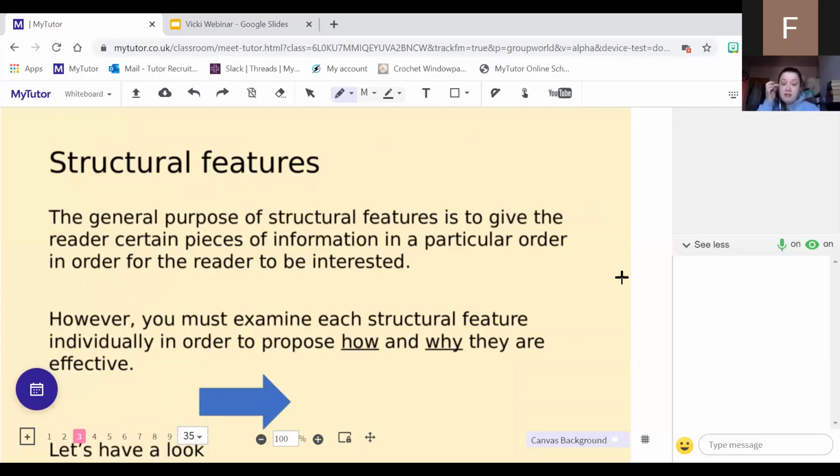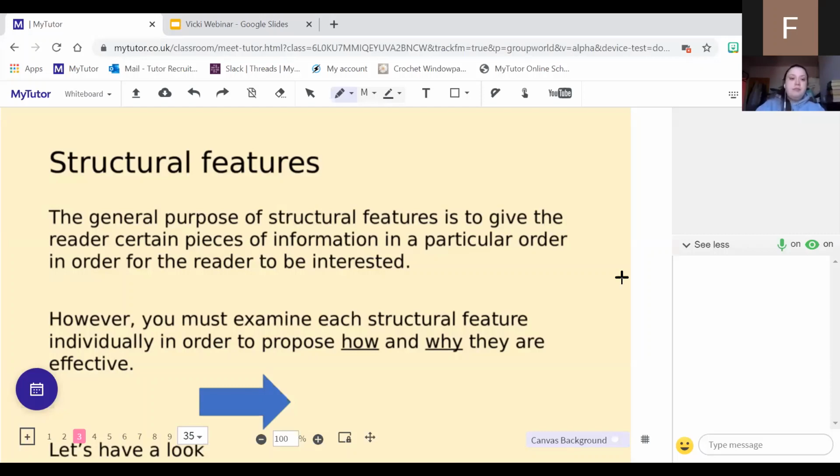So a lot of the stuff I'm going to be sharing with you over the next week in terms of how I've structured the sessions and how we're going to approach things is quite similar, although we are looking at a different set of features. So if some of it does look familiar, it's because it is very, very similar in terms of what we need to be doing. It's just looking at a different set of features.